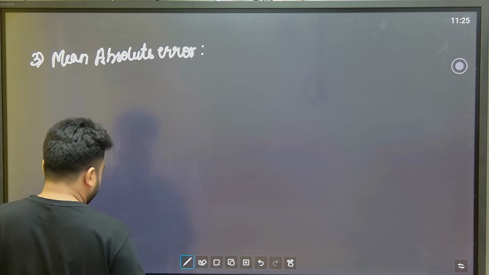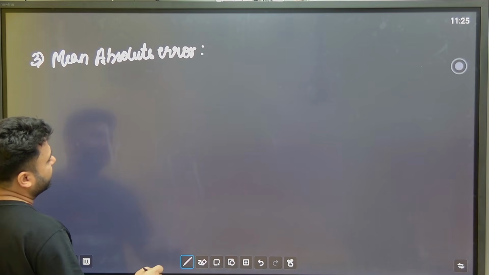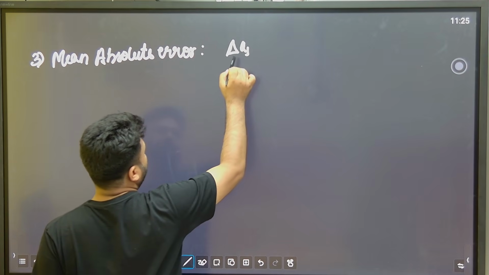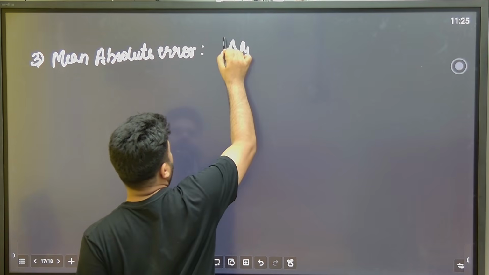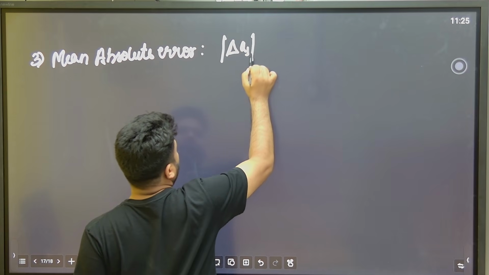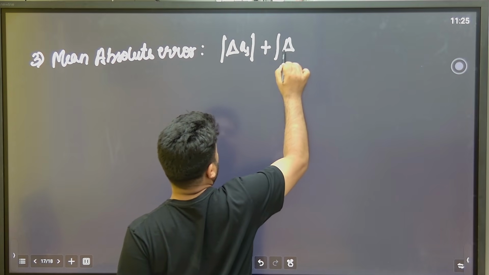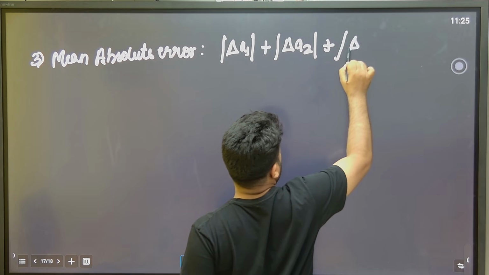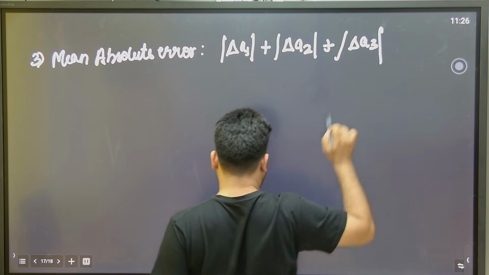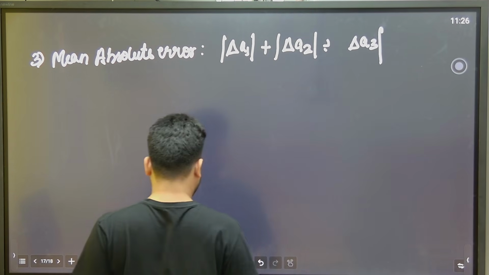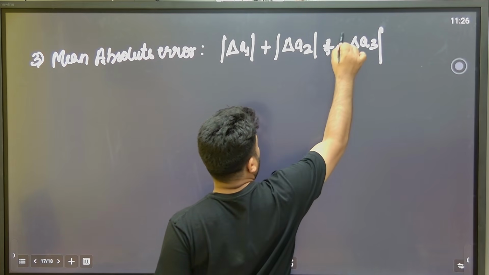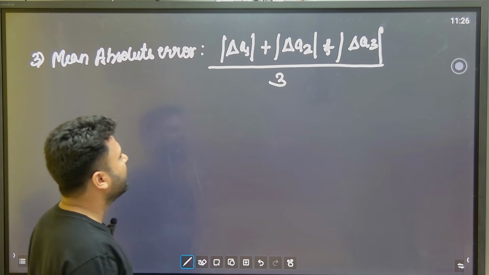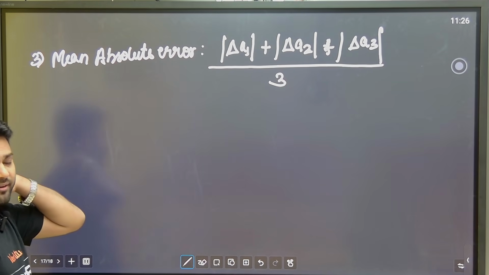It means if I take the mod of the absolute errors, delta A1, this was my absolute error, I will take the mod value, plus delta A2 plus delta A3, divided by the total, we had 3 observations. This is called mean absolute error.